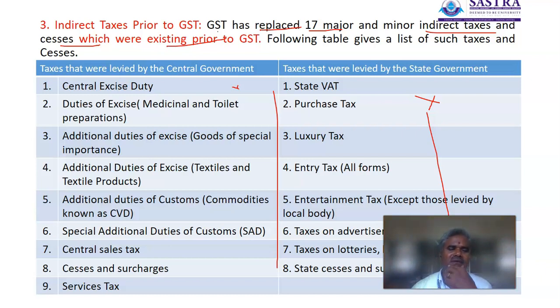One is central excise duty, duties of excise on medicinal and toilet preparations, additional duties of excise on goods of special importance, additional duties of excise on textiles and textile products, additional duties of customs known as CVD, then special additional duty of customs, SAD, central sales tax, cess and surcharge, and service tax.